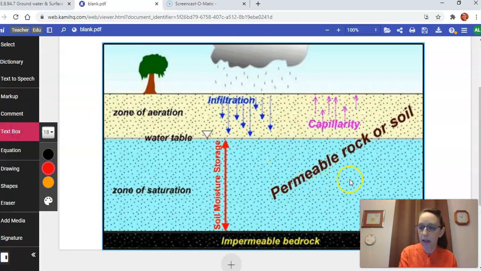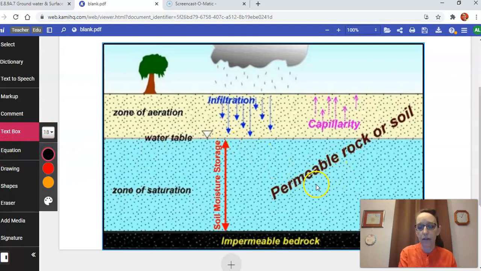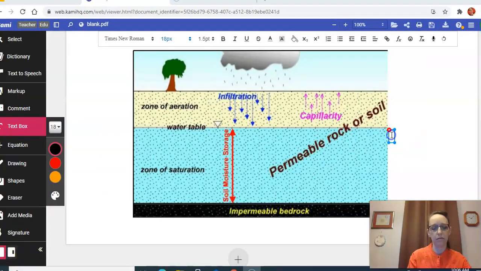With your pen or your pencil, you're going to add some information. I can put my text box out here, and I'm going to remind myself that permeable rock or soil means that it's able for groundwater to flow freely.